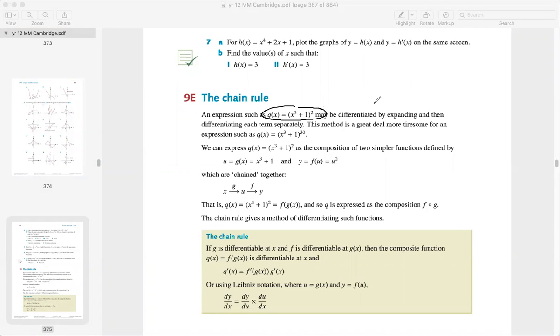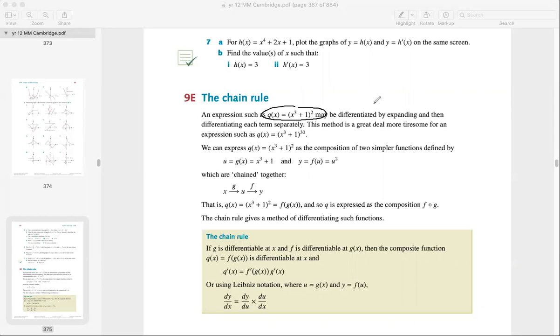Of course, it's pretty easy for us. We can expand the brackets and do it one term at a time. But just imagine we have (x cubed plus 1) to the power of 30. So it's essentially impossible for us to expand all the brackets and get the derivative, right? So we need a bridge between them.